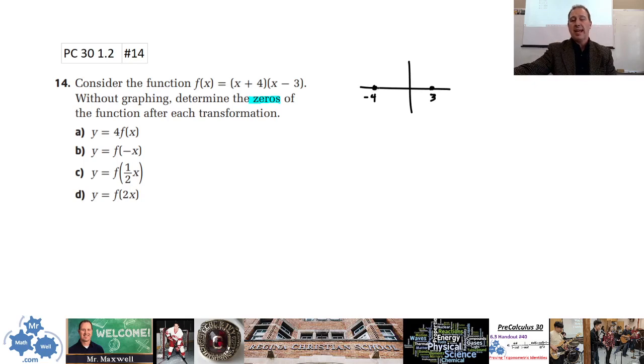Now, think about these as points. If we reflect about the x-axis, if the a value is negative, they just rotate on the x-axis. They don't move, right? If they flip about the y-axis, then yeah, they're going to move. And if they are stretched vertically, these don't move at all.